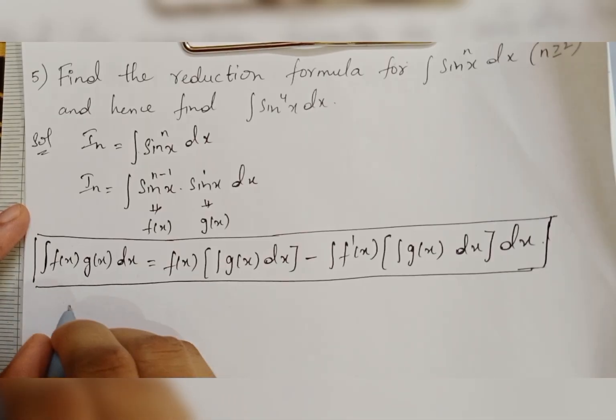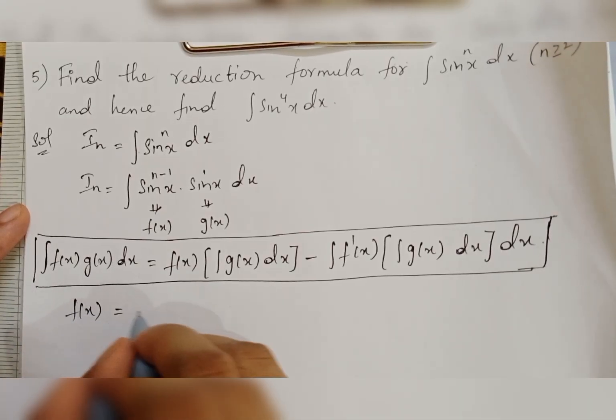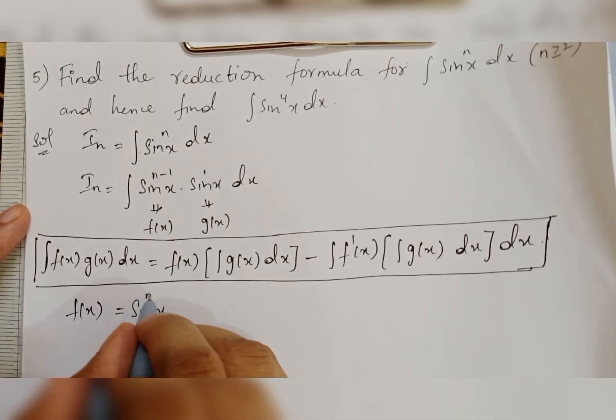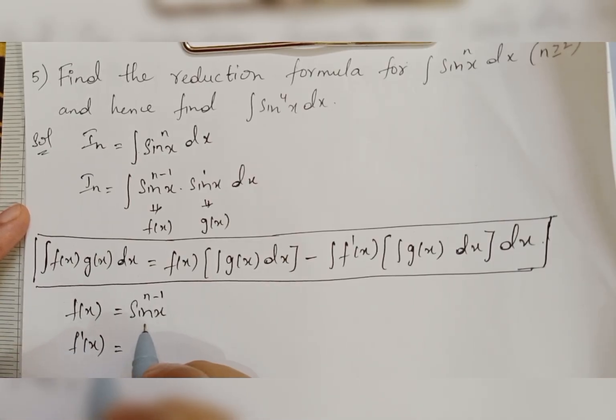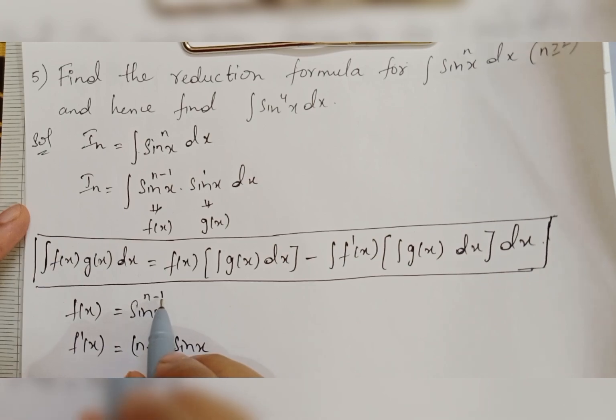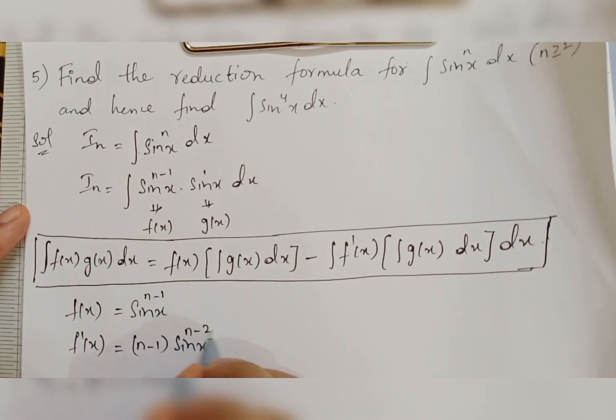Now we know that f of x is equal to sin x power n minus 1. Now we'll find the value of f dash of x, for which we'll use the formula that the derivative of x power n is n into x power n minus 1. So here the n value is n minus 1, and again minus 1 will be n minus 2, into, we'll write this derivative again because this was not x.